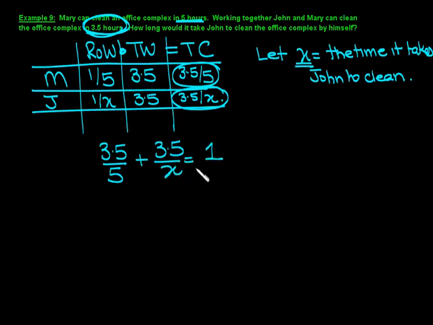This is again an equation that has fractions, so we want to multiply by the common denominator. We have 5x as my common denominator because the power is just 1 on each. So you multiply everything by 5x.